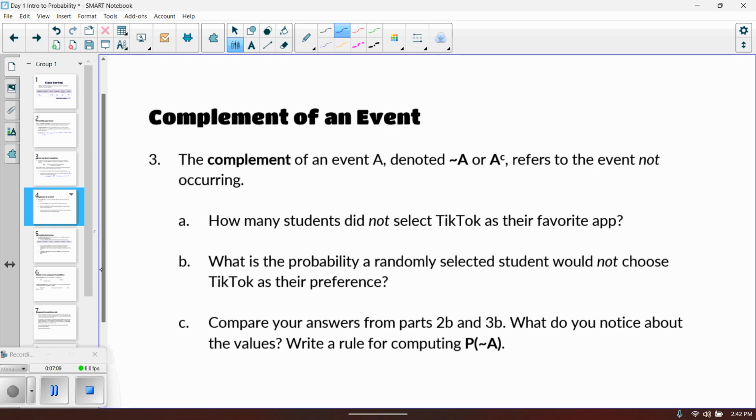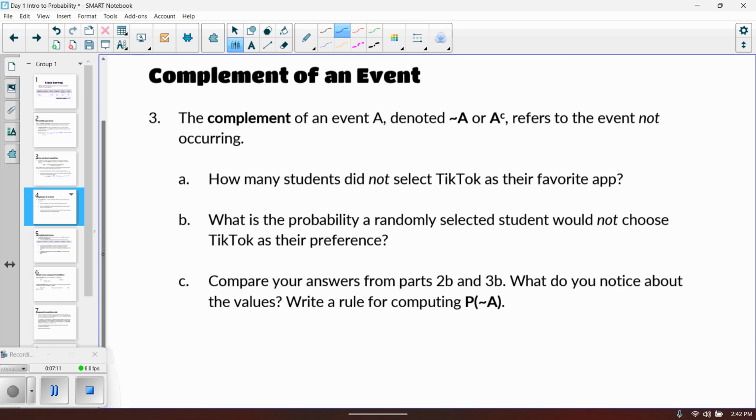So let's now talk about this thing which is called the complement of an event. Okay, complement, notice that that is not spelled like the compliment that you would give to somebody because you're trying to tell them they look good. It's spelled a little bit differently. The complement of an event is basically the probability that the event doesn't occur.